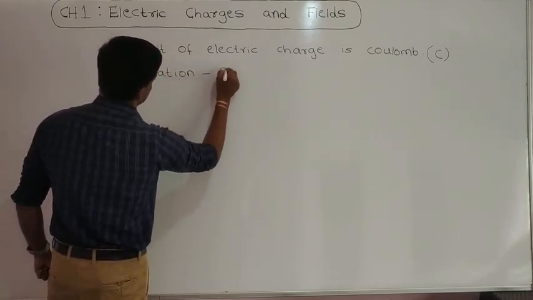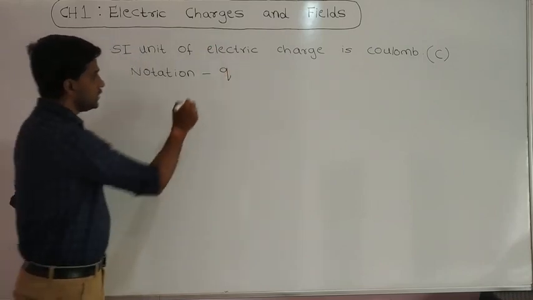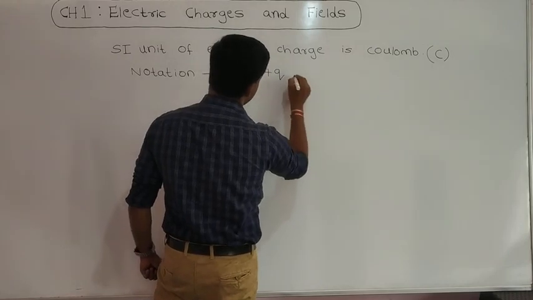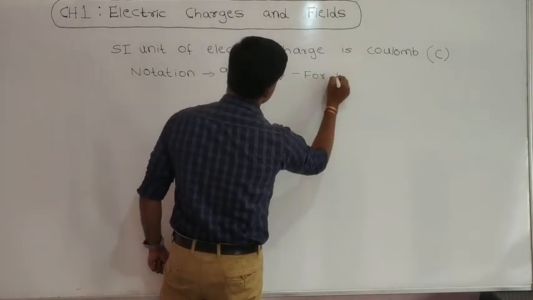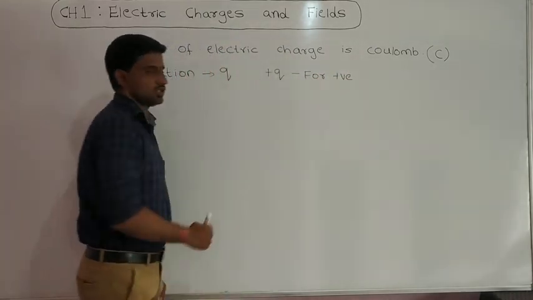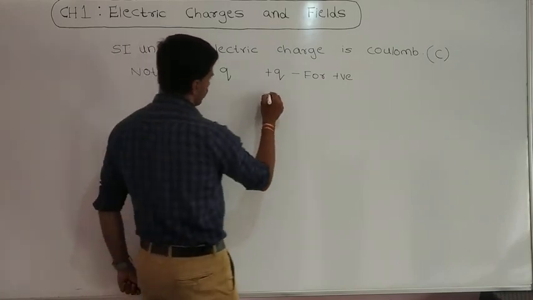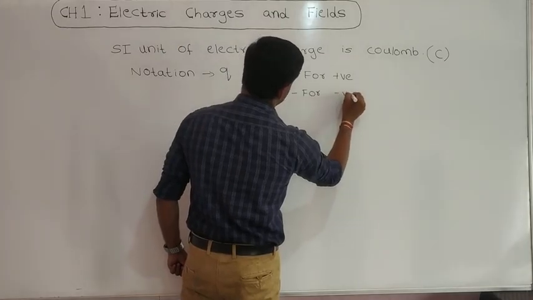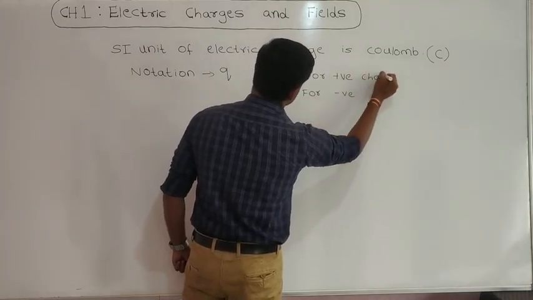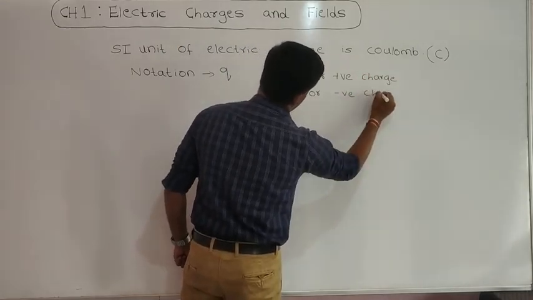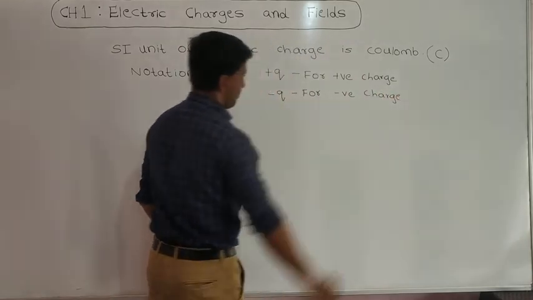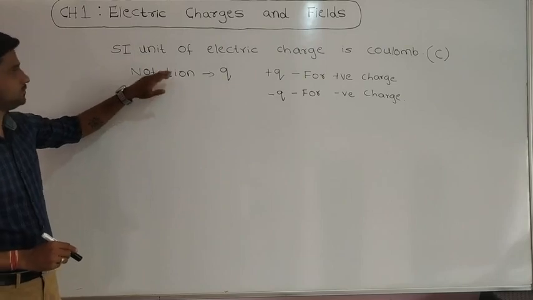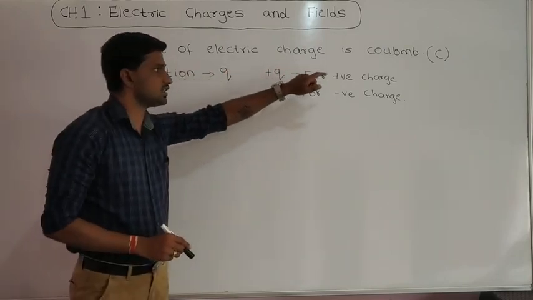For positive charge we denote it as plus Q, and for negative charge we denote it as minus Q. So that is about the SI unit and the notation of charge.